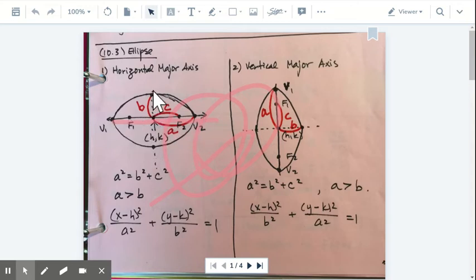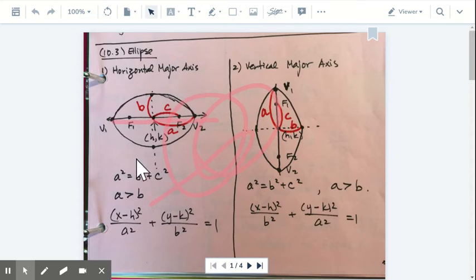And the shorter side, what they call the minor axis, is vertical. Versus the ellipse that has a vertical major axis, has long side vertical, and the short side, the minor axis, is horizontal. So let's first look at the ellipse with the horizontal major axis.